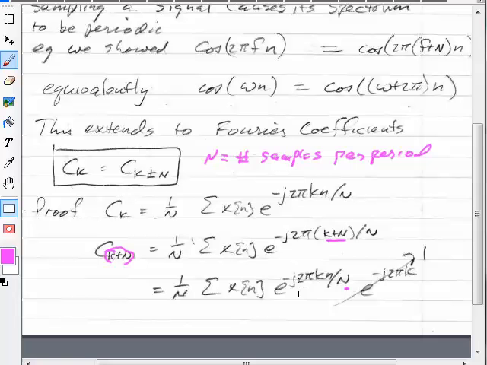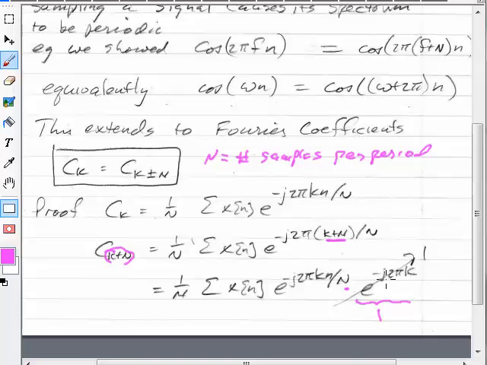Exponentials are so nice to work with. If there are additive terms in the exponent, we can factor them into two multiplicative terms. And this, I hope everybody knows by now, is just 1.